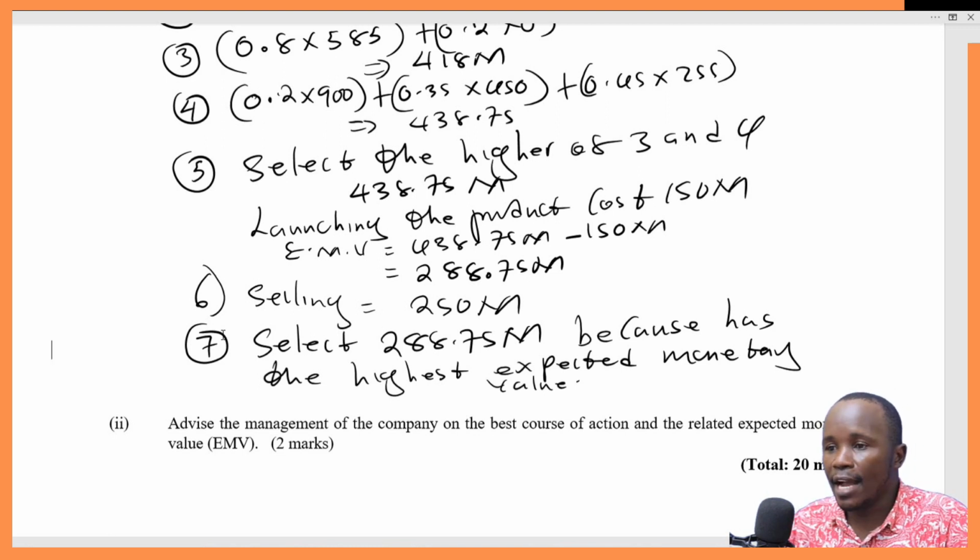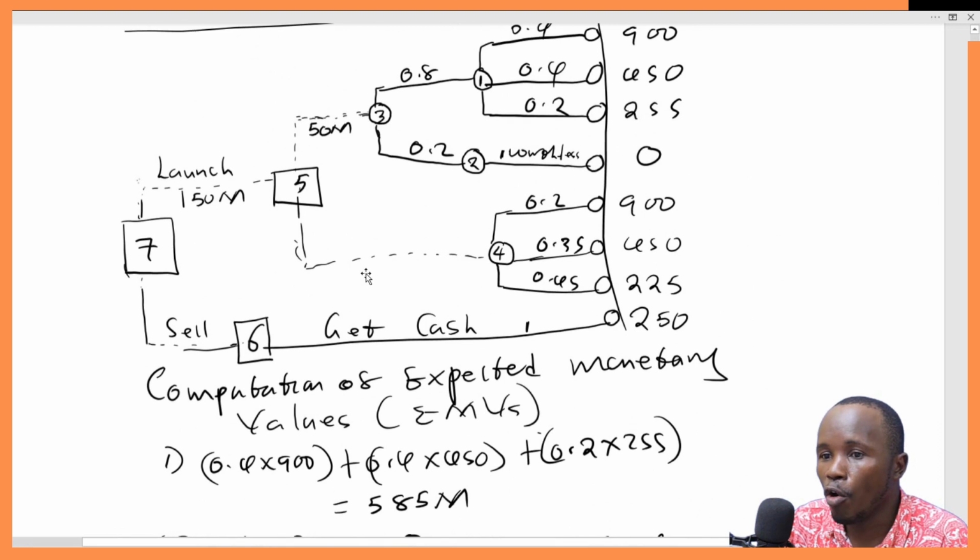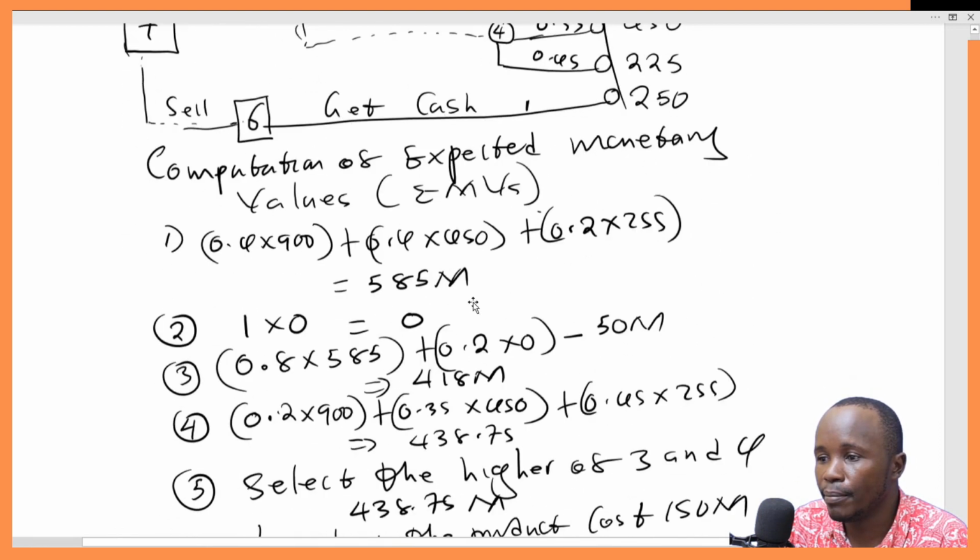Good. That's how you come up with a decision tree and computation of expected monetary value.